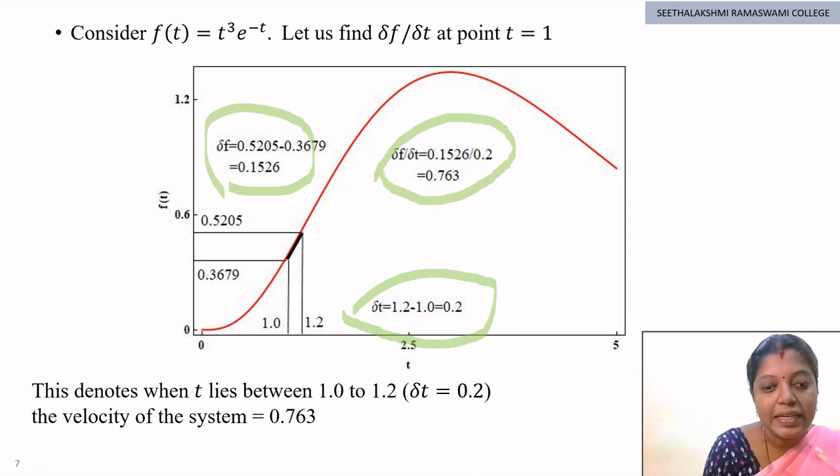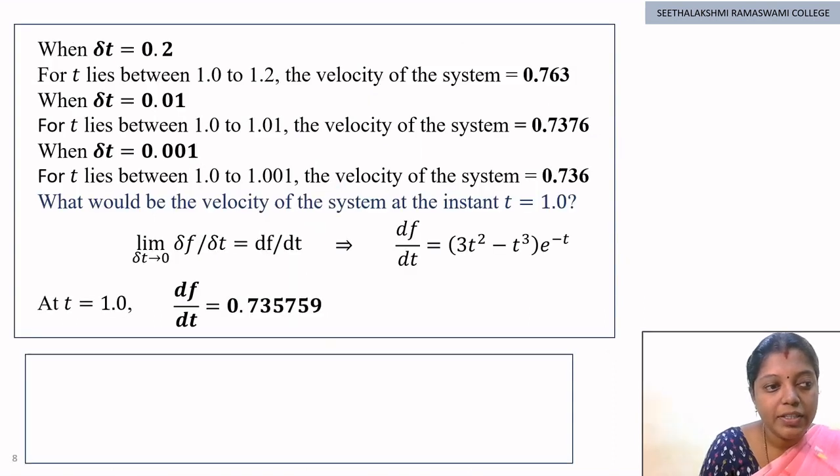So when I consider del t to be 0.2, within the time limits 1.0 to 1.2, the system approximately has the velocity or rate of change of 0.763. Now I change del t to be smaller, so that del t is 0.01.